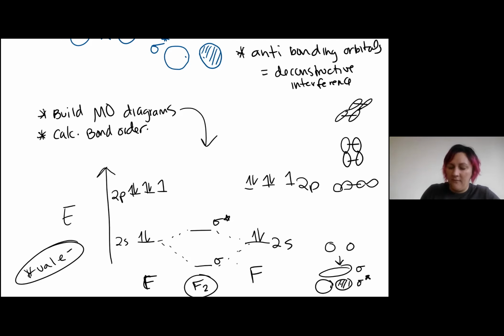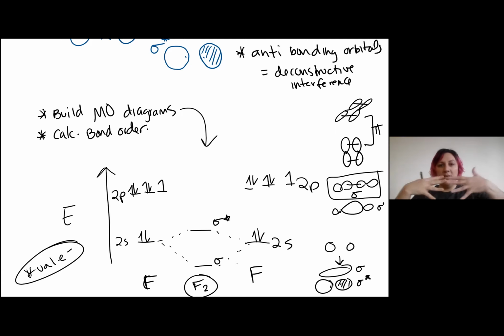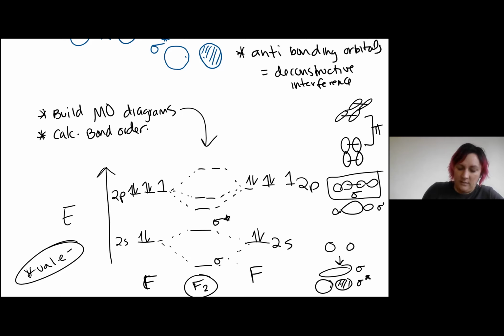We're going to have one example that's a sigma, where these overlap and create, for the bonding, something that looks like this. But these other ones are going to have a planar node through them, and so these are going to be pi. So when we combine our 3 p orbitals and overlap them, we create 1 sigma and 2 pi, and we'll create the bonding and the anti-bonding version of that.